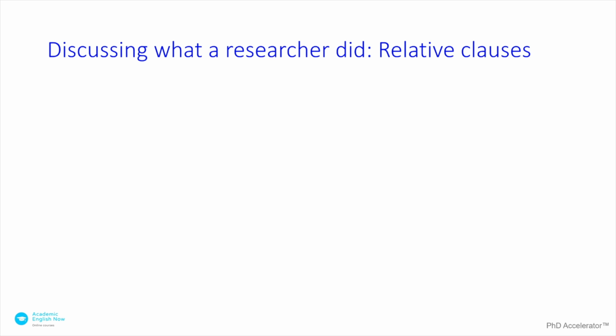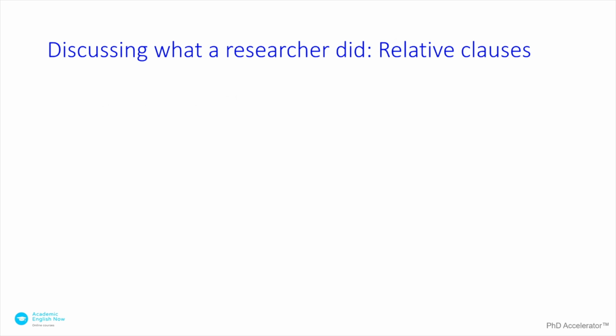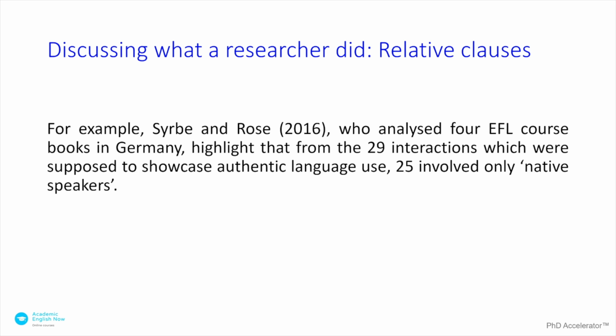Now, you could also focus on one study in a lot of detail in several sentences, but this can sometimes be done in just one sentence using relative clauses. For example, we can add a little bit more to the sentence to give us some detail about what a researcher did.